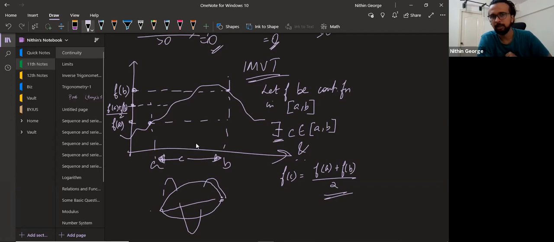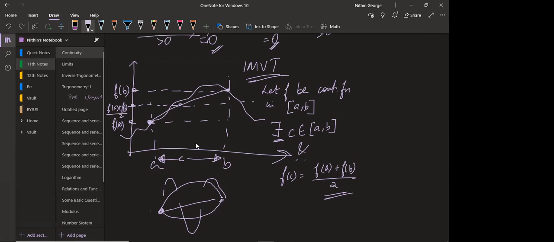Now, what are they basically saying? To connect from point A to point B, I always have to cross this middle point, intermediate point. Are you following? Like if I have to connect point A to point B, if I have to draw from A to B without lifting my pen, I have to cross the midpoint.